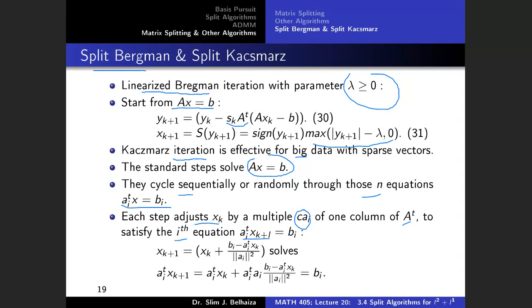So xk plus 1 is xk plus bi minus ai transpose xk divided by the norm of ai squared, times ai. Once you solve this, you can take the solution, and this solution, in fact, solves this equation.